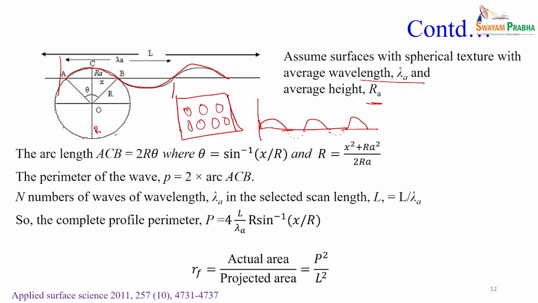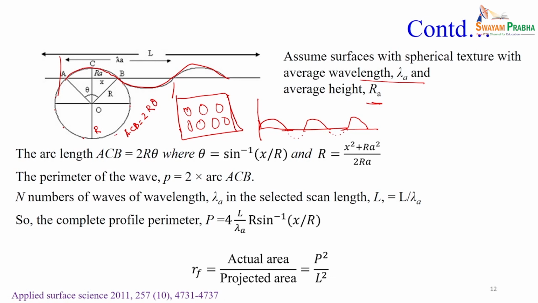So, length of arc will be here AC, here will be BC. So, length of arc will be r times theta, and if you consider the ACB, it will be simply twice r times theta. So, you can say ACB will be the arc length from here to here, twice into r radius into the theta.